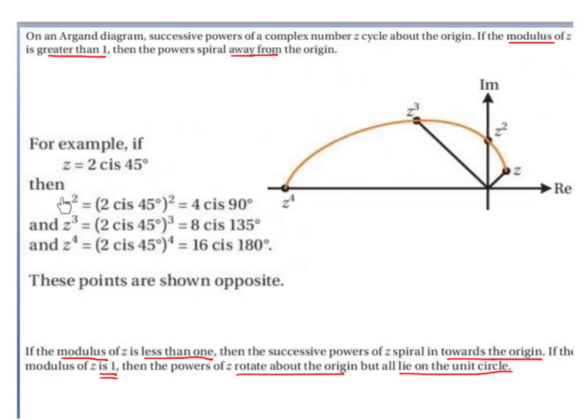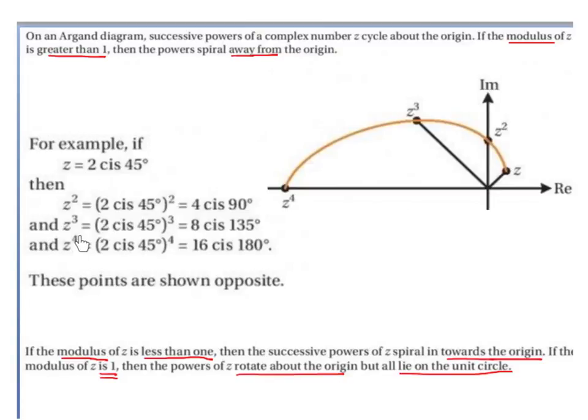Then z squared is equal to (2 cis 45°) squared, which is going to be 4 cis 90°, because 45 times 2 is 90, and 2 squared is 4. And z cubed, which is (2 cis 45°) cubed, will give us 8 cis 135°, because 3 times 45 is 135, and 2 cubed is 8.